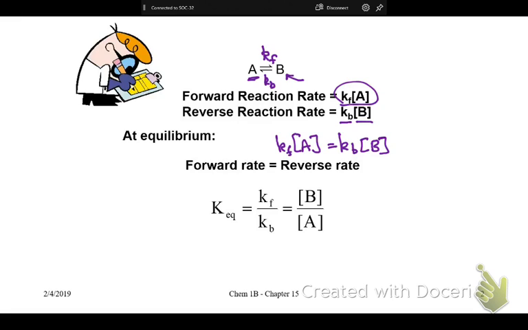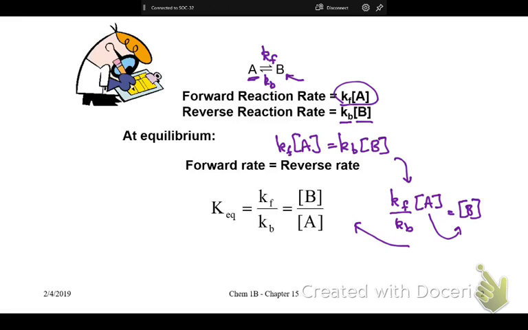In other words, you can take this expression, and I'll show you one step in between. You could write K forward over K back times A is equal to B, like that. And then you can just divide through by A, and then you get this expression here. So that's the in-between stuff that goes on there.